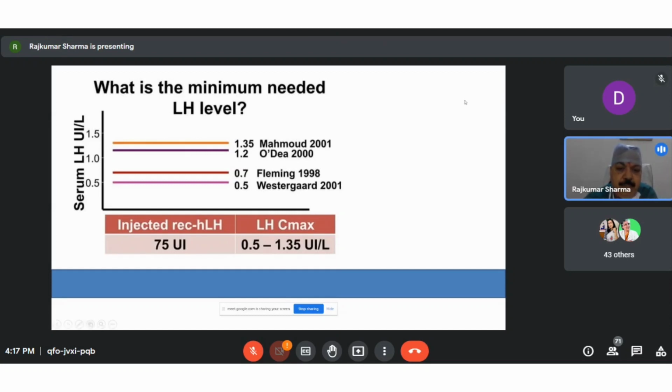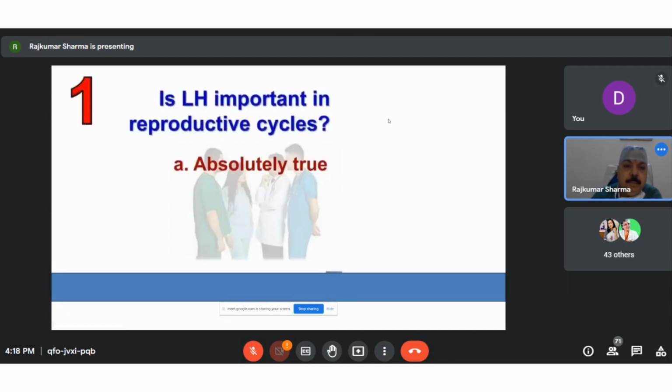It was found that the mean concentration was between 0.5 and 1.35 international units per liter when 75 IU was given to these patients. So with 75 IU, you get a mean value of 0.5. You should remember that 0.5 international units per liter is the minimum requirement of LH, which is important for getting good folliculogenesis.